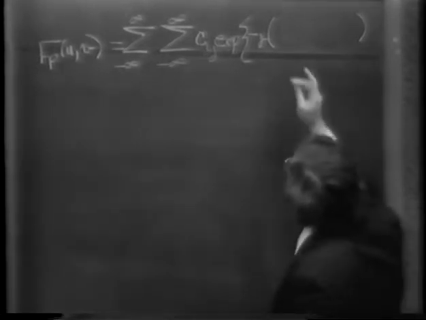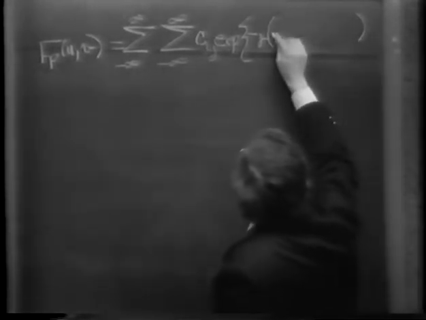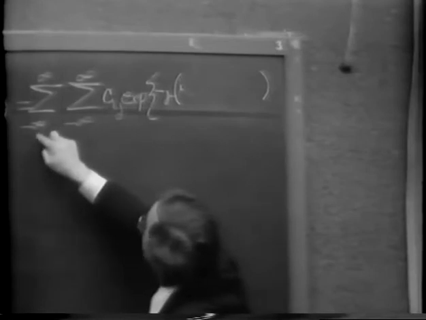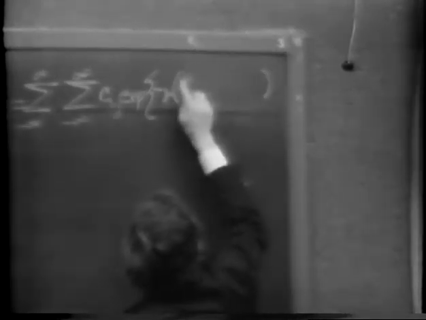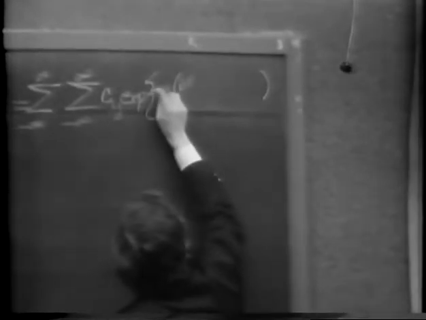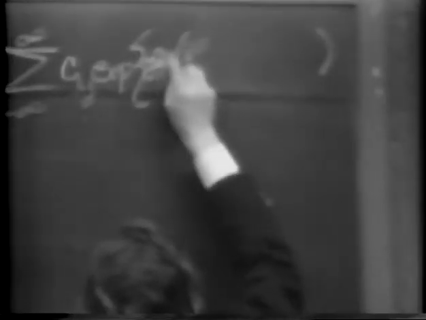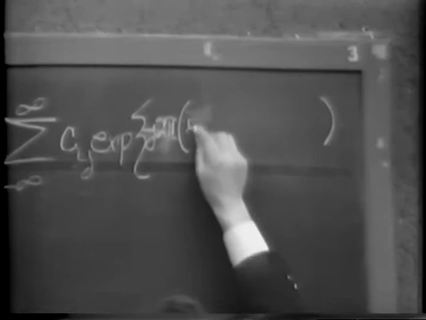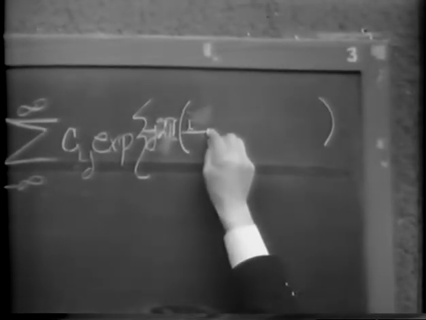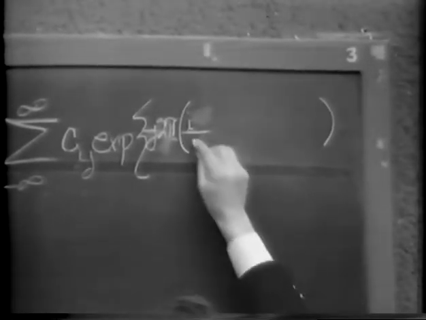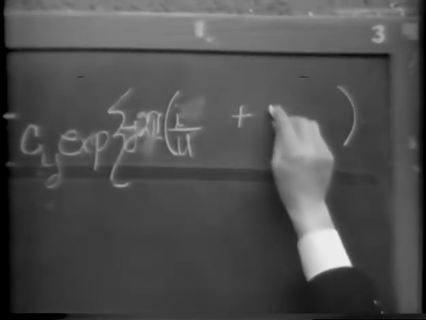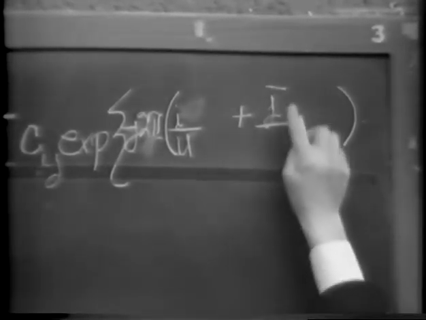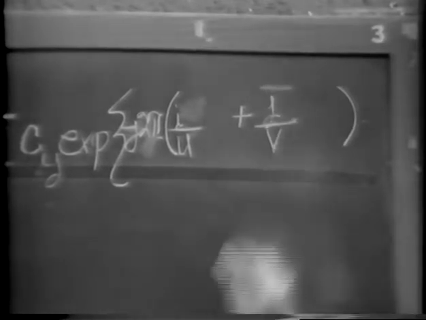So we might have an integer index from this summation times 2 pi. Let me keep the 2 pi out here. I divided by u. Would it also be j divided by v?